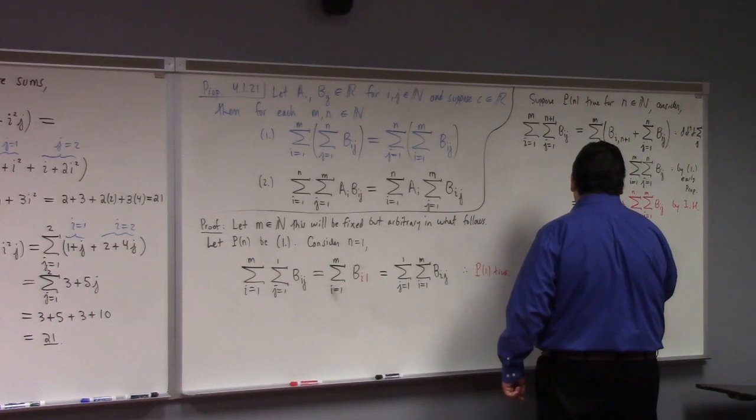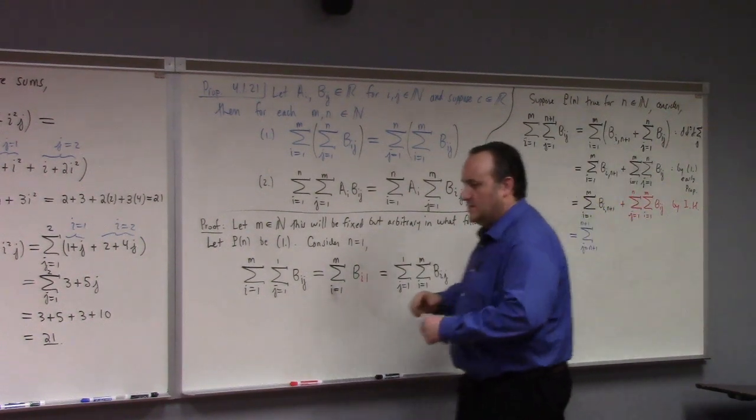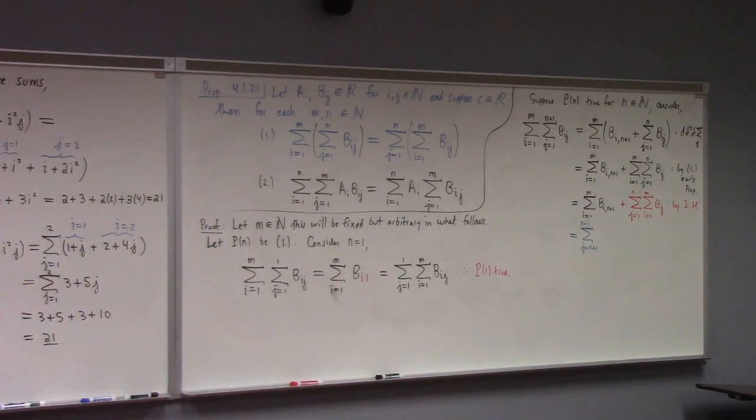It's the sum j equals n plus 1 to n plus 1. Oh, man. Just a second here. I'm spinning my wheels. I thought I had it, but I better be careful.